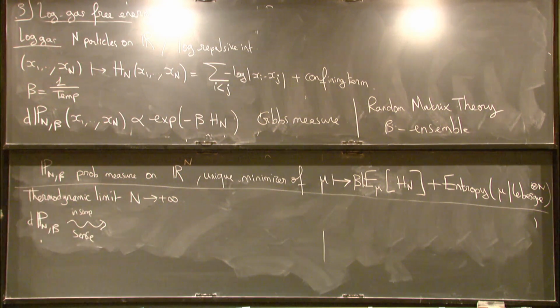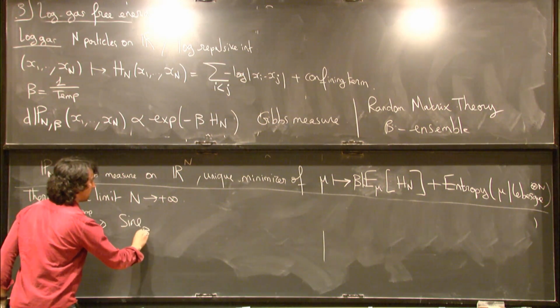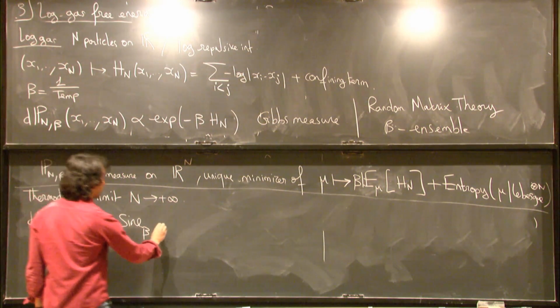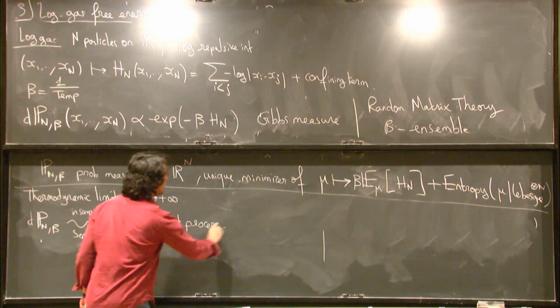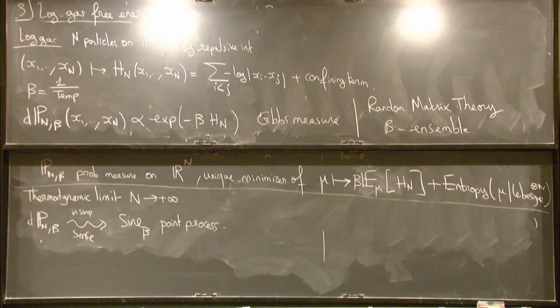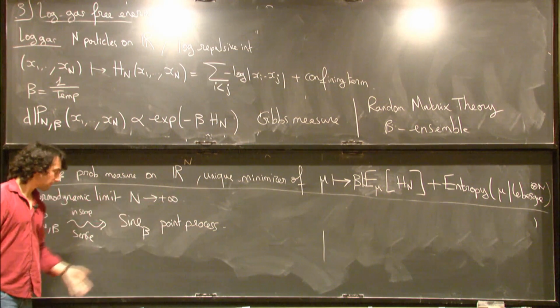There is a limit object for this measure that's called sine beta, and it's a point process. For finite n, you have n points on the real line. When n goes to plus infinity, you have infinitely many points on the line, so you have a point configuration. P_{n,beta} was the measure for finite n, so the limit object will be some kind of measure on point configurations, so a point process.